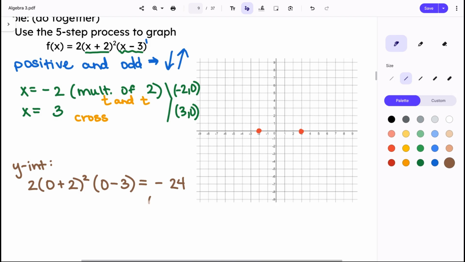And so my y-intercept would be (0, -24), which is going to be way down here. But I at least know that my y-intercept is going to be down here somewhere. So to make it fit my graph, I'm not going to go all the way down. I'm just going to draw a point down here to represent where my y-intercept would be. It would be way farther on my graph if I was keeping this to scale.